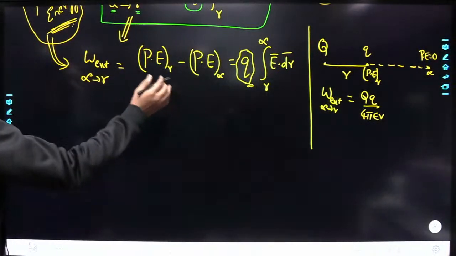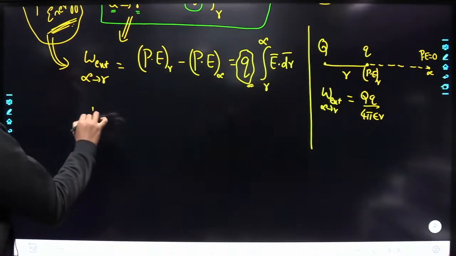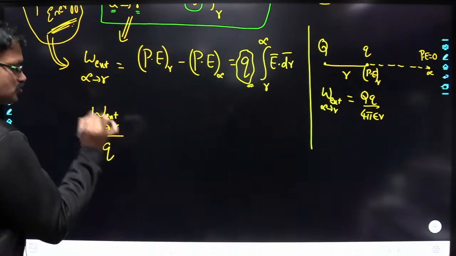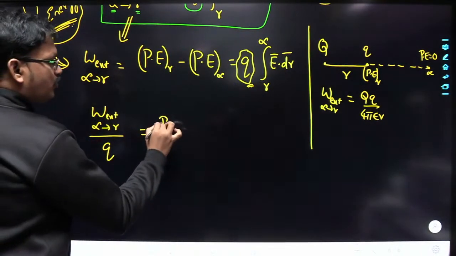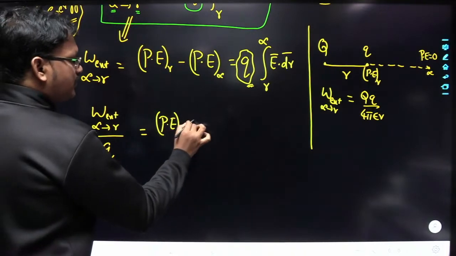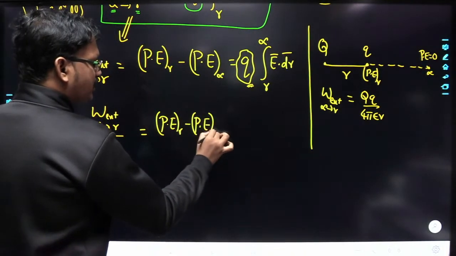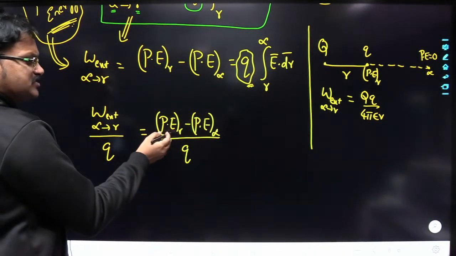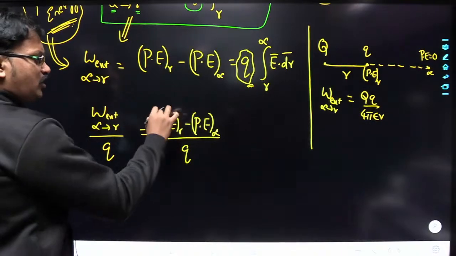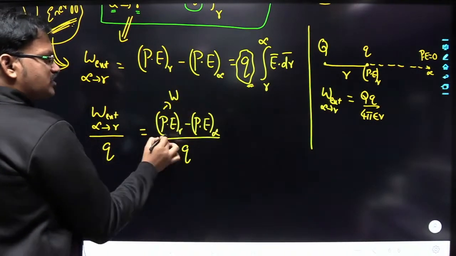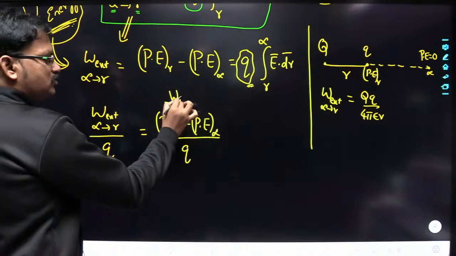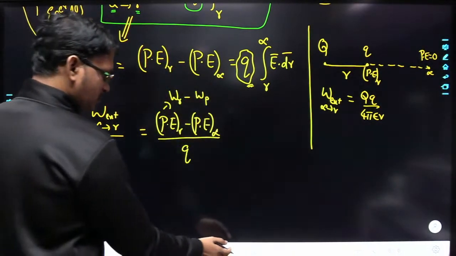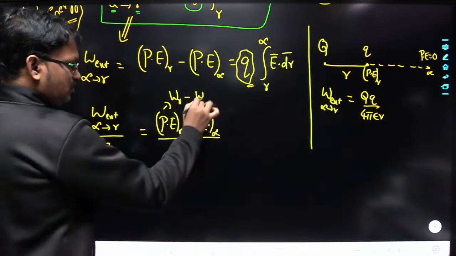So work done per unit charge is nothing but W external from infinity to R by Q. That is equal to the potential energy at R minus the potential energy at infinity, divided by Q. Instead of potential energy at R and at infinity, you can represent potential energy with W, so W R minus W infinity. In this manner also you can write it.